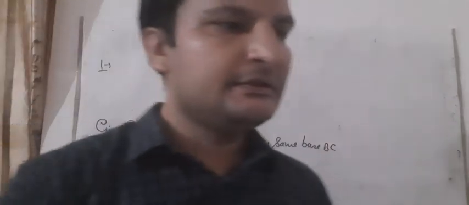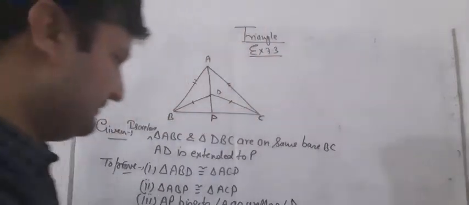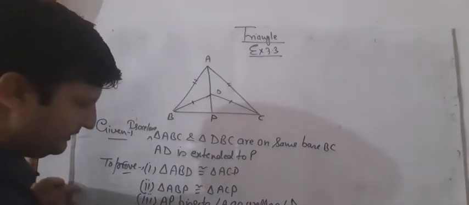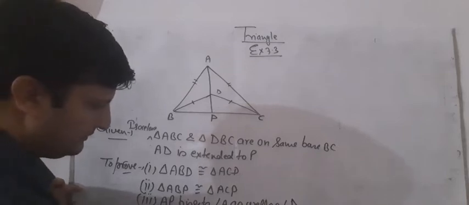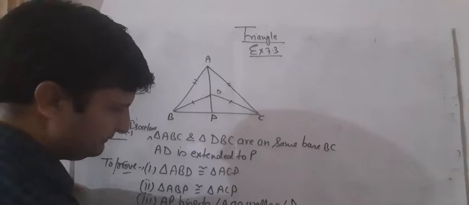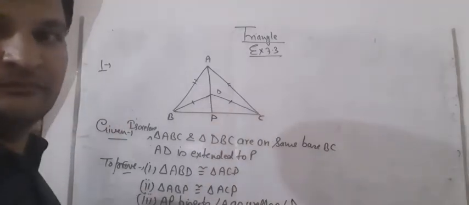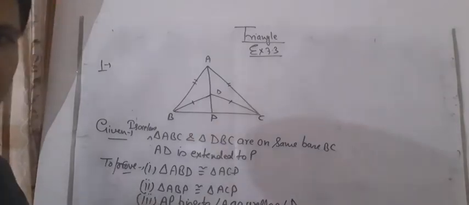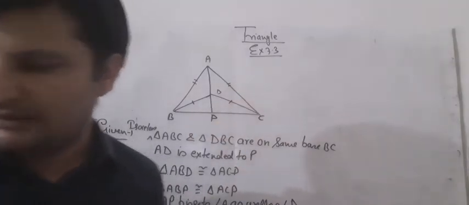And the fourth part is AP is the perpendicular bisector of BC. It is not visible, I think, students, so I am writing it here.